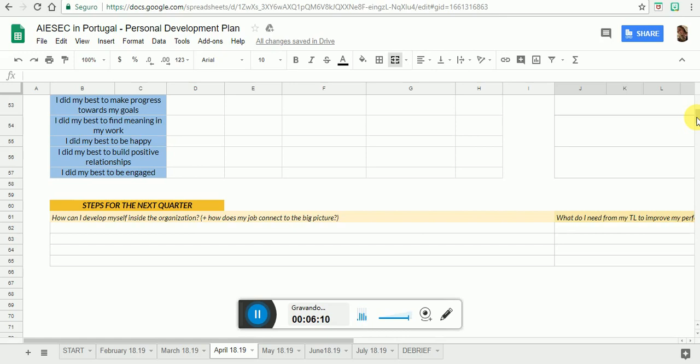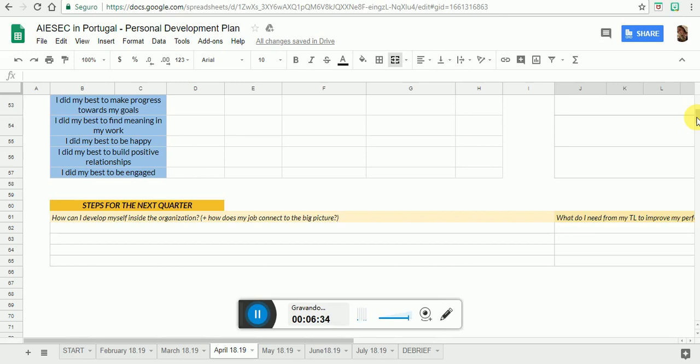Most people get out of the organization because they think they are not achieving their goals and their objectives. So this is why it's very important to align expectations with your member and set clear strategies and clear objectives too.